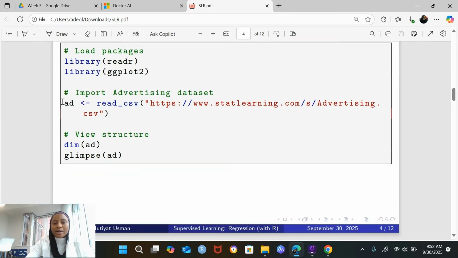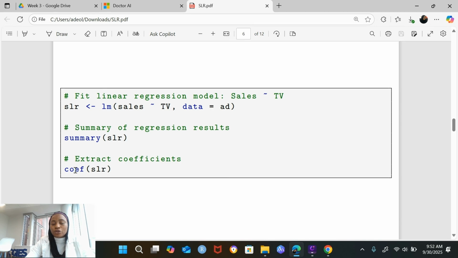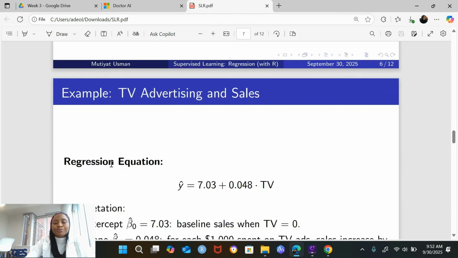We already said the name of our data is art. So when you come to this code chunk, you indicate the name of your data based on how you have named your data. And then we use the summary function to just call out the summary of that. And we extract the coefficients by using the coefficient function on our model SLR. And that way we can fit our model. All right.